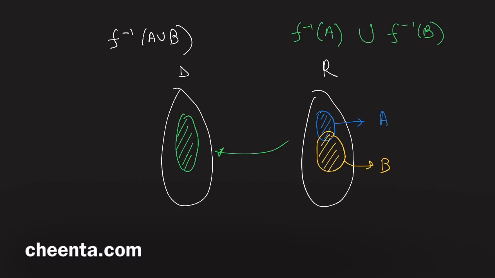So inverse image of A would be something like this maybe. Inverse image of B would be something like that. And if you union them, they will be union of two sets in the domain set.